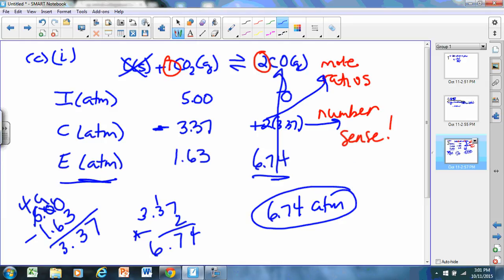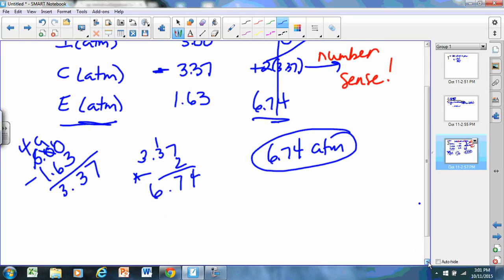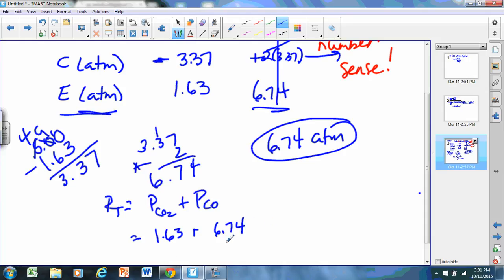The beauty of this problem and the reason why I love it is, what would the total pressure in the container be? Well, the total pressure is the sum of the individual pressures, so the pressure of the CO2 plus the pressure of the CO. If you add 1.63 and 6.74, you will get 8.37 atmospheres.